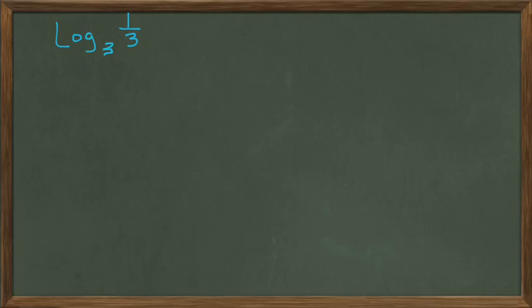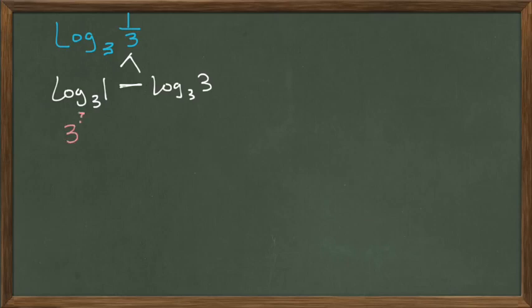So log base 3 of 1/3, I can split this up into 2 different ones. I'd have log base 3 of 1 and log base 3 of 3, and since it was a division problem, I need to subtract those logarithms from each other. If I change log base 3 of 1 into exponential form, 3 to what power equals 1?